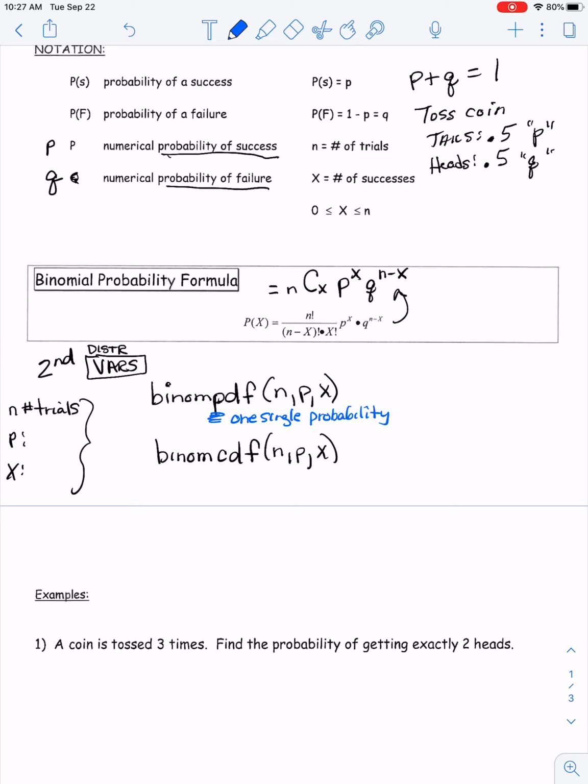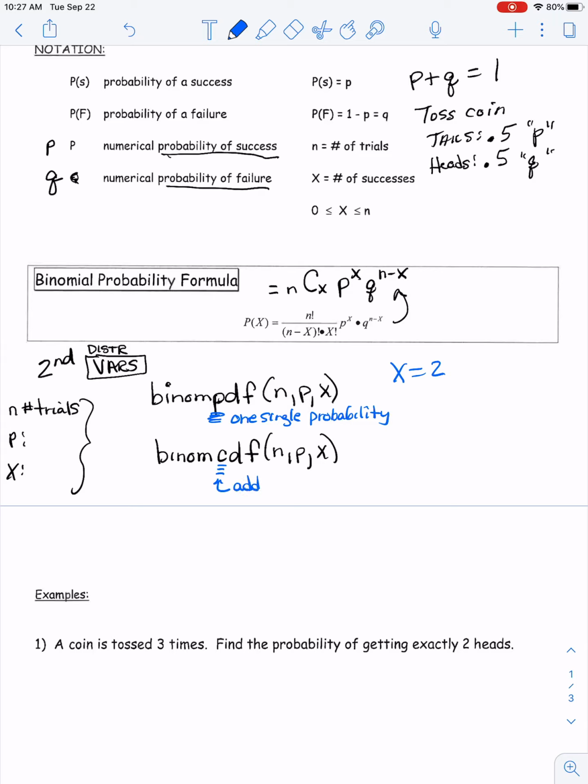So if I ask you for something like X is exactly 2 in the middle of a problem, you're going to pick a PDF. If it comes up different, some sort of an inequality, a greater than or a less than, then we're going to have to deal with the CDF. So CDF is an adder, like a cumulative situation.